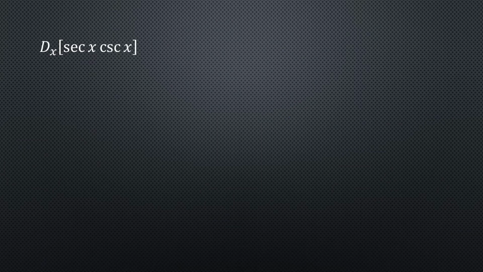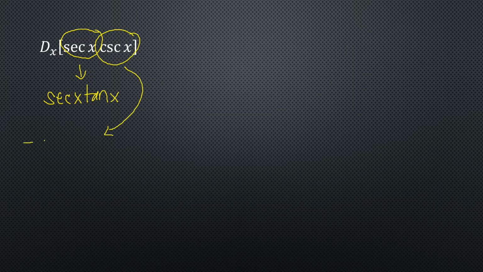The next example is also about a product. So we get the derivative of secant x, and that is secant x times tangent x. The derivative of cosecant x is negative cosecant x times cotangent x.